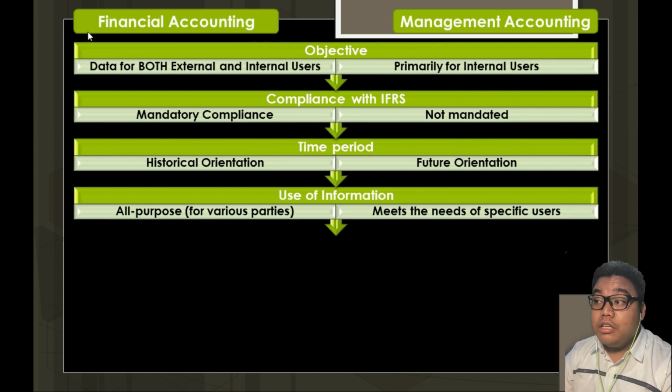While management accounting is on a needs basis, so it should meet the specific need of the user. That is why it is prepared in accordance with their demands and whatever they need to see in a report.